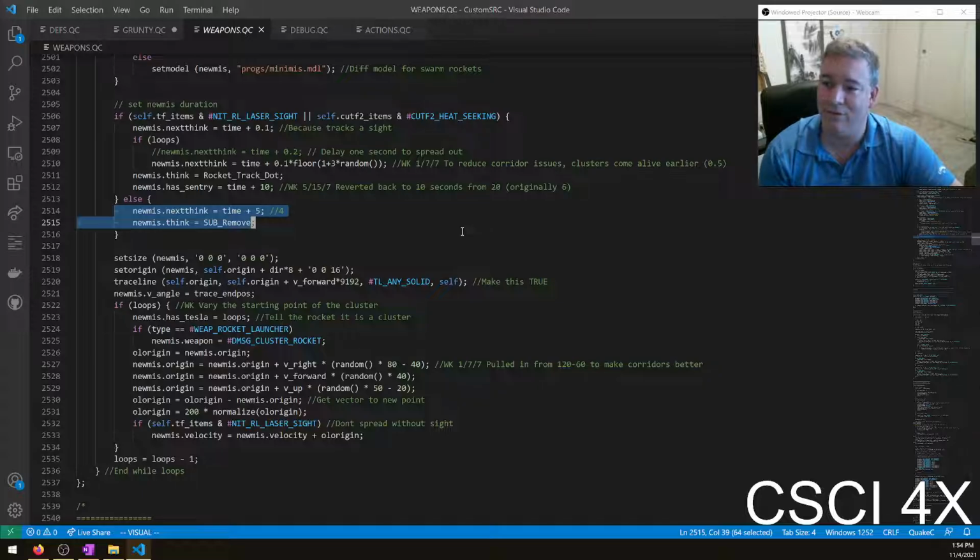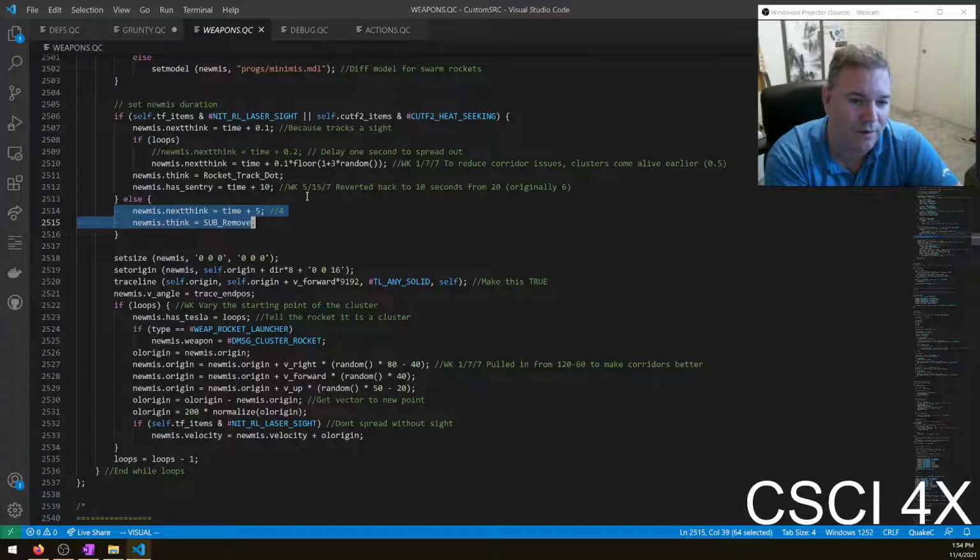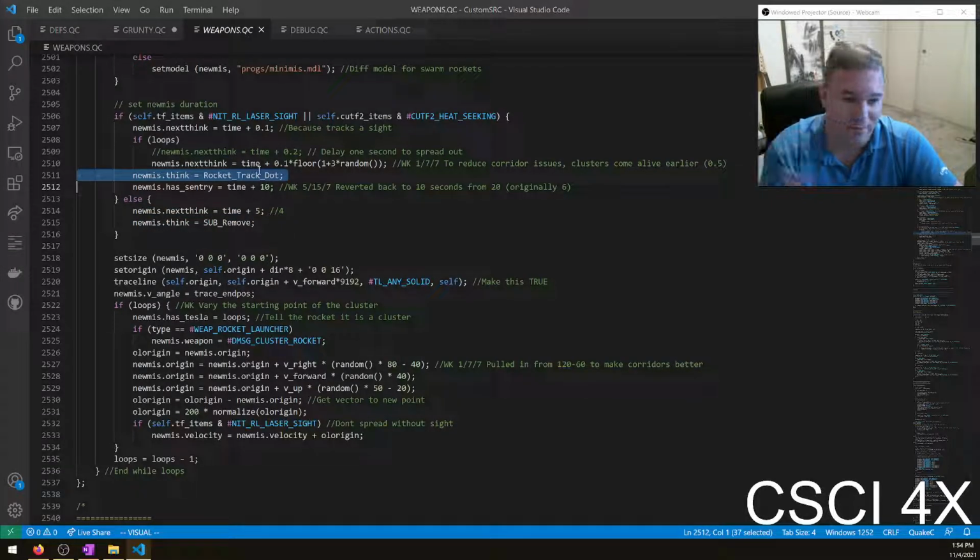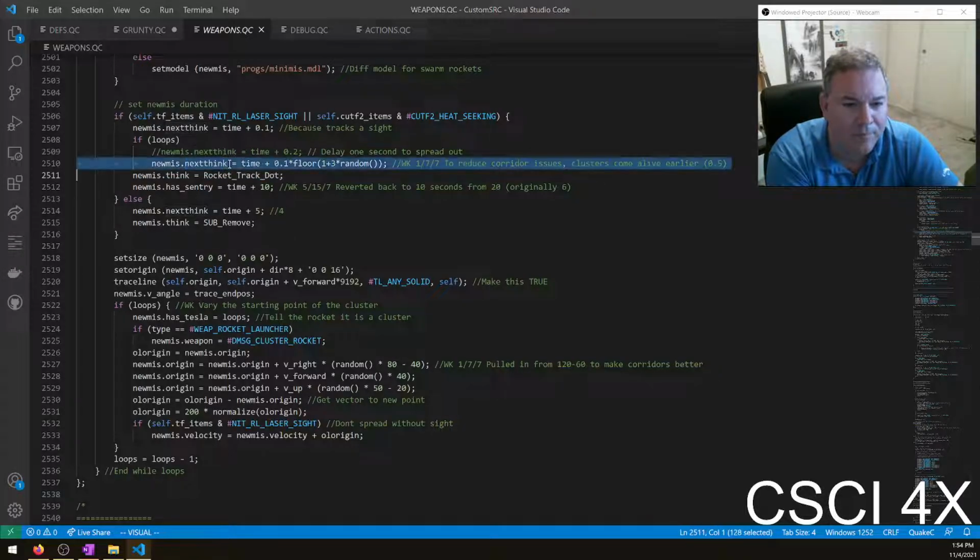So if you shoot a rocket launcher normally, if it travels for 5 seconds without hitting anything, it's probably not going to hit anything, and it erases itself so it doesn't fill up the array of all the different entities in the world. But if you want it to think, every 0.1 to 0.5 seconds, something like that.